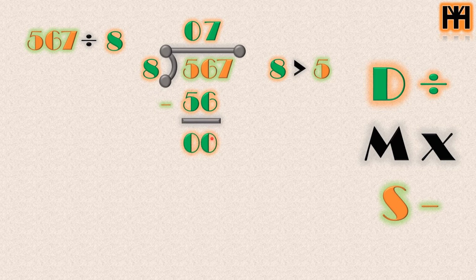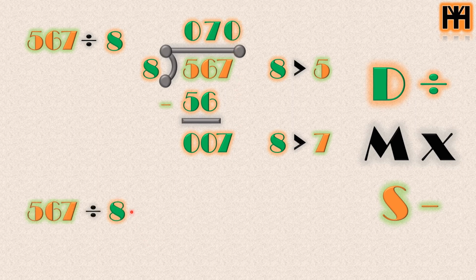So they are zeros. Then we will get the 7 here. We got the 7 from up there, so we must try to divide it by 8. Can't, because 8 is greater than 7. Then we'll have to put 0 here. So the result of the division is 70, and the remainder is 7.